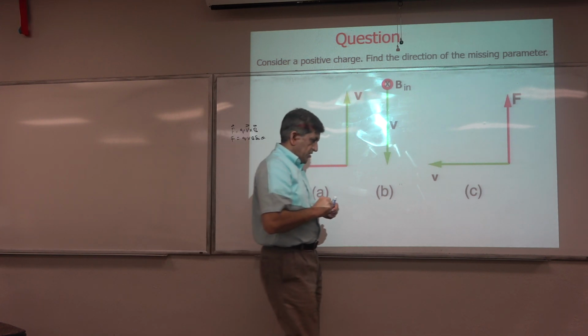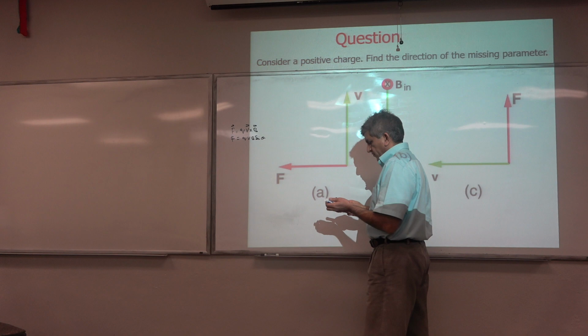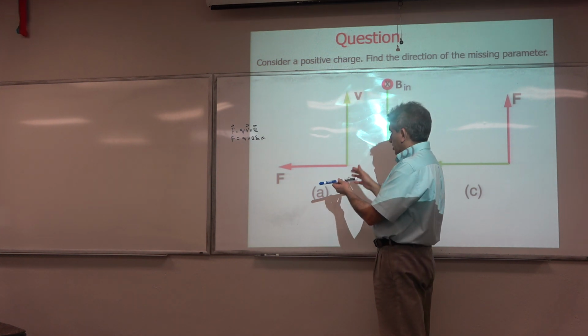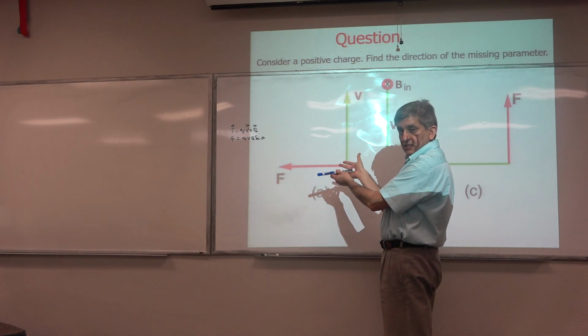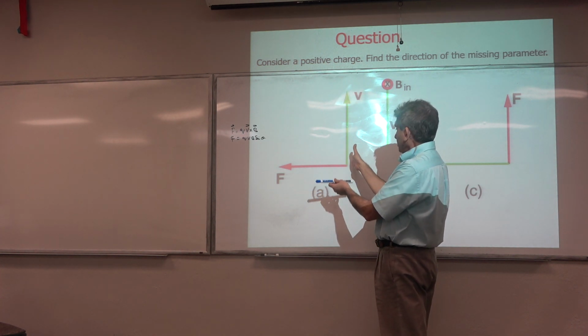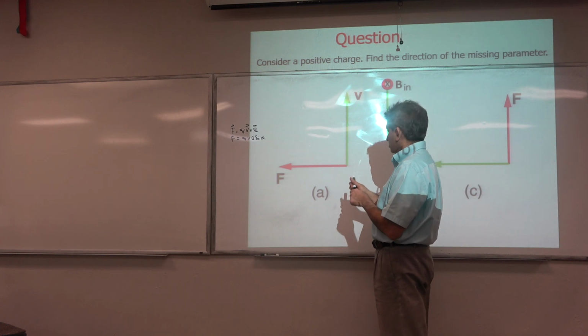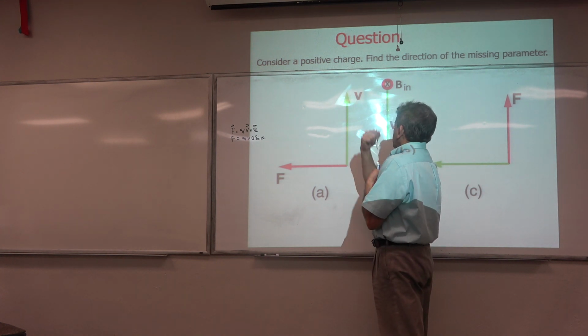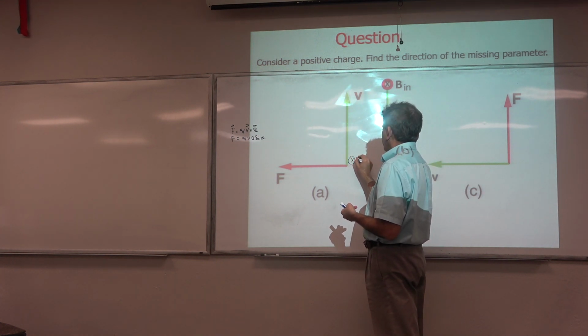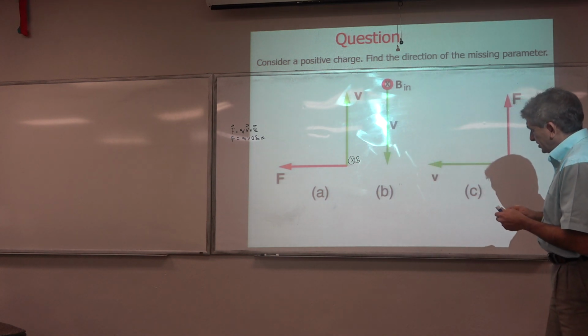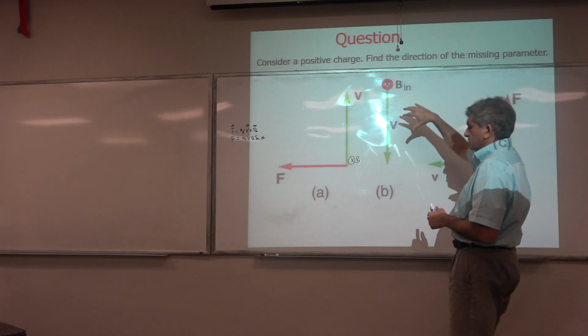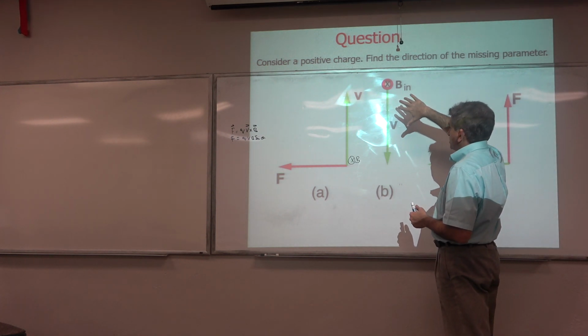Now if I use the same principle, the force is coming out of the palm, and the velocity of the particle is up there, that means the magnetic field is in. So the magnetic field is the missing component here. For the next one, the velocity vector is down and the magnetic field is in.